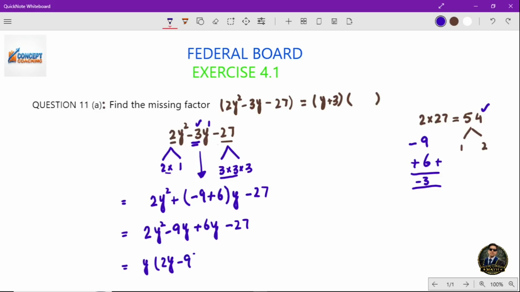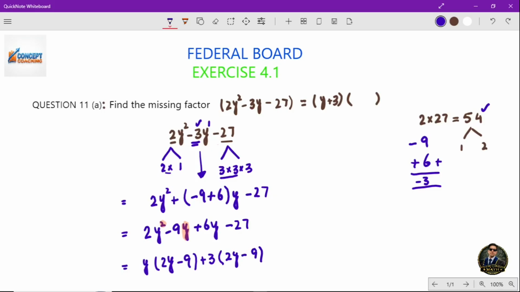We are not going to write the highlighted values. This y is highlighted, and we have taken it common from these two. Then plus, what is common between 6 and 27? Definitely 3 is common, and we are left with 2y, because 2 times 3 is 6, minus 9.